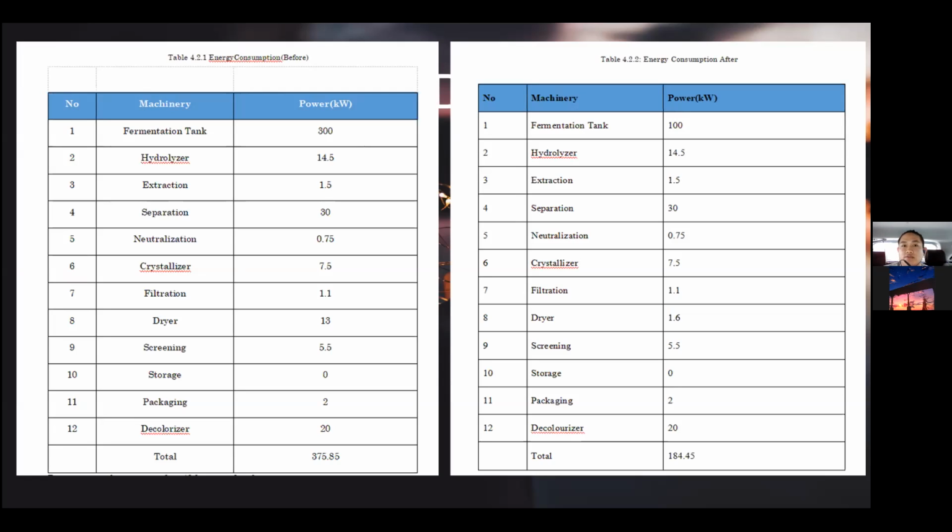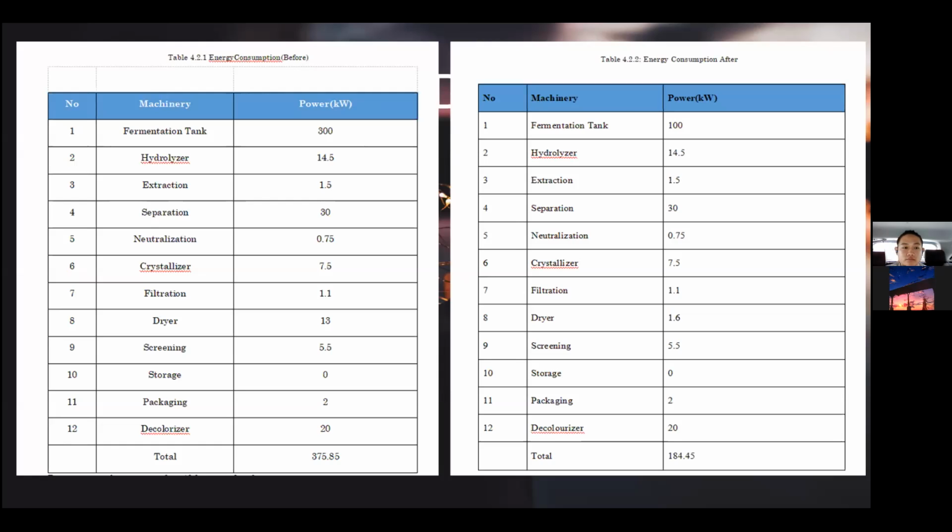We can see the fermentation tank contributes to the highest power consumption, whereby it used 300 kilowatts to operate, while after some modification to the machine, or some solution that has been selected, we changed all the machinery to new machinery. That's why the new machine uses less power, which is 100 kilowatts to operate.